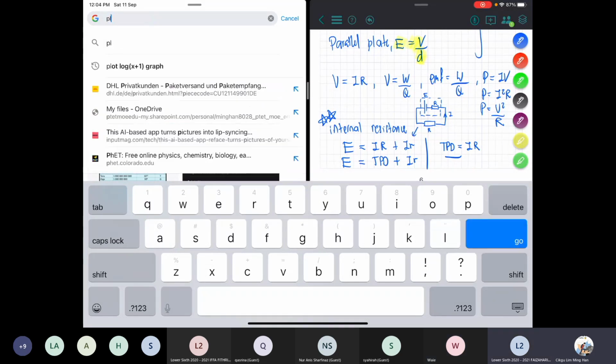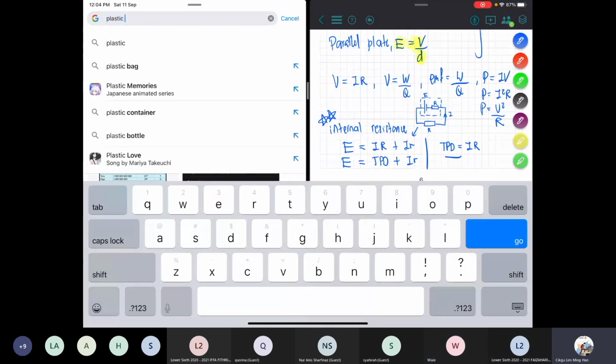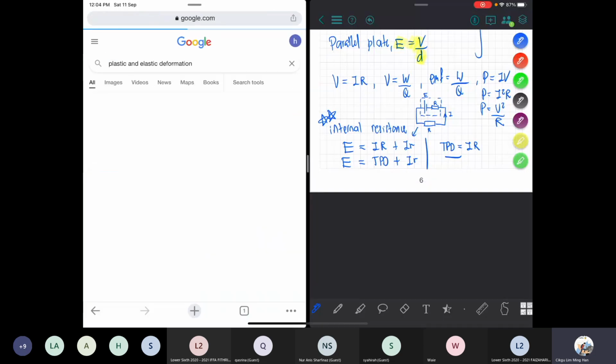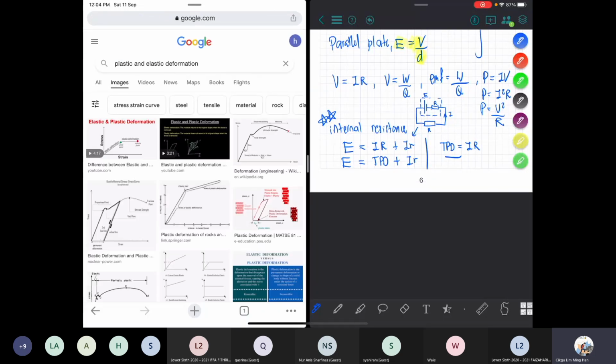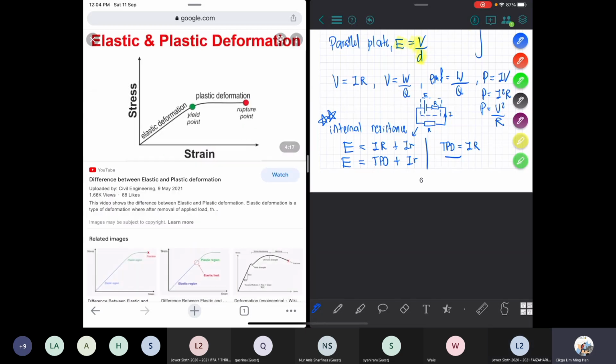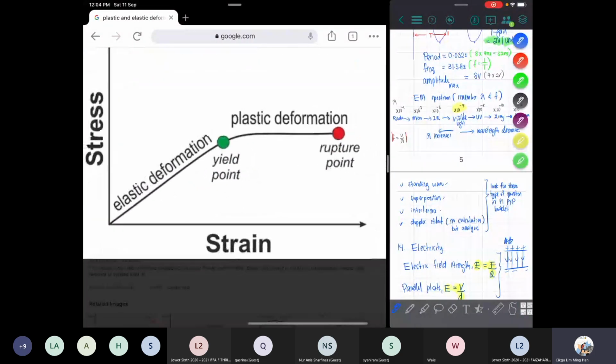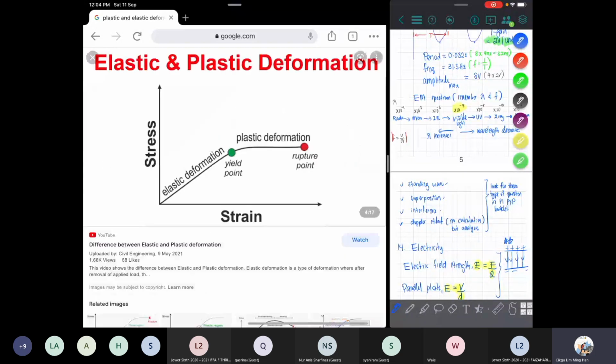Sekejap. Question. Plastic and plastic deformation. So I have an image, something like this one. I enlarge for you this one. Okay, normally kalau plastic will be under, sebelum the warna green color tu lah.